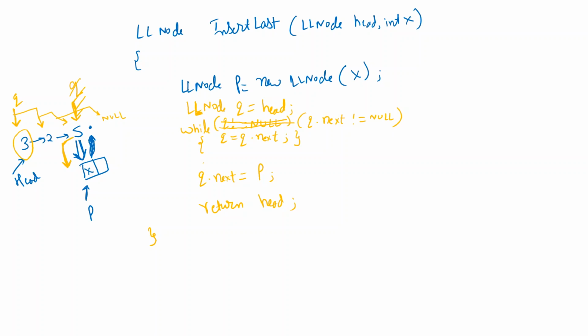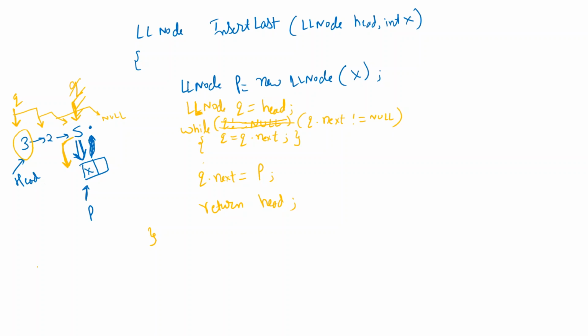That means q is pointing to no node, basically the null node. Over here in this condition, I am writing q dot next is not equal to null. So this condition will fail when q dot next is equal to null. And when q dot next is equal to null, that basically means there is no next node to q. And if there is no next node to q, that basically means q is the last node, right?